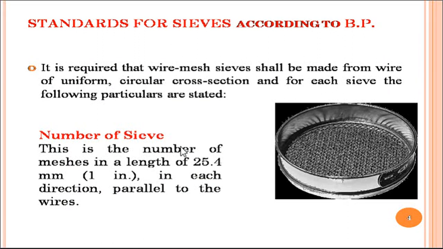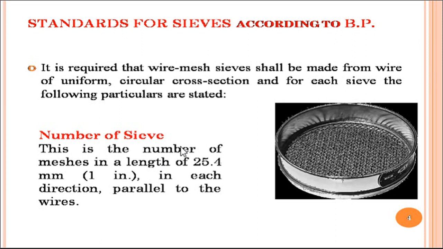According to the British Pharmacopoeia, the standard definition of the sieve is given, and it specifies the kind of material specifically used for the construction of the sieve, and how many weavings are carried out in 1 inch of specific area will define the sieve number.